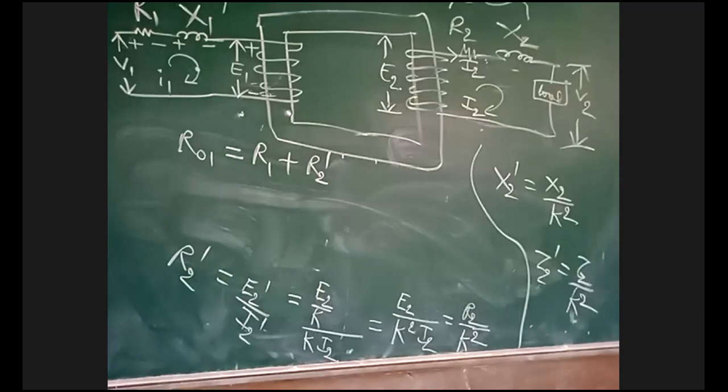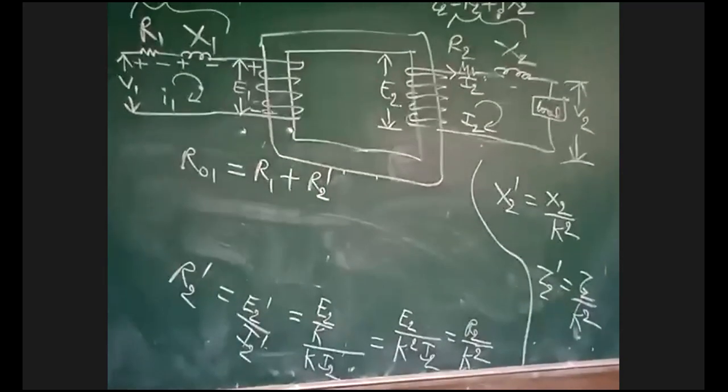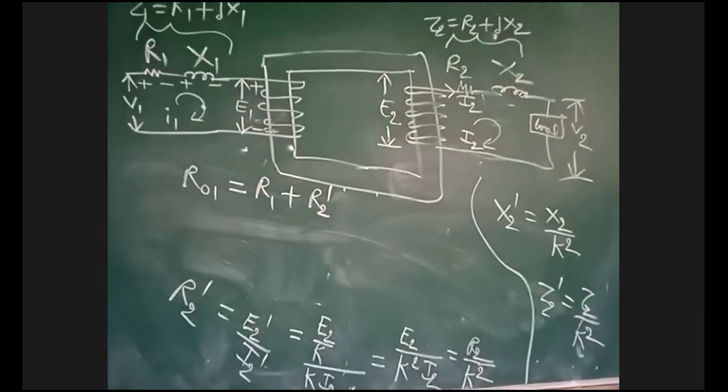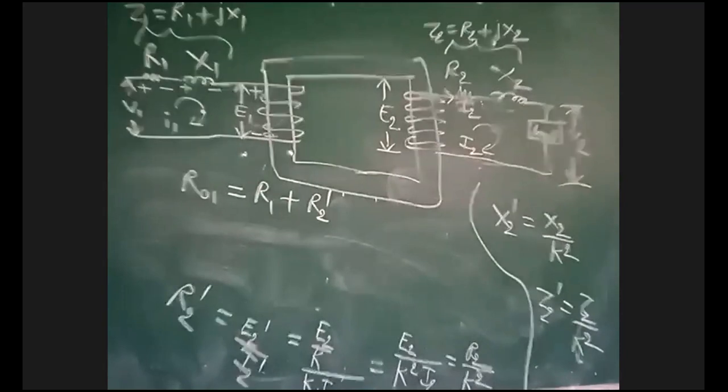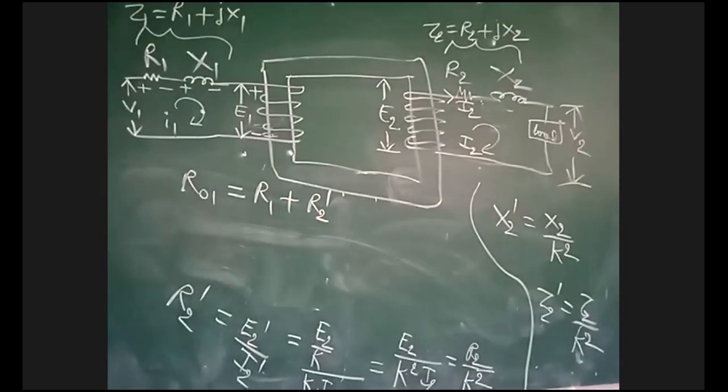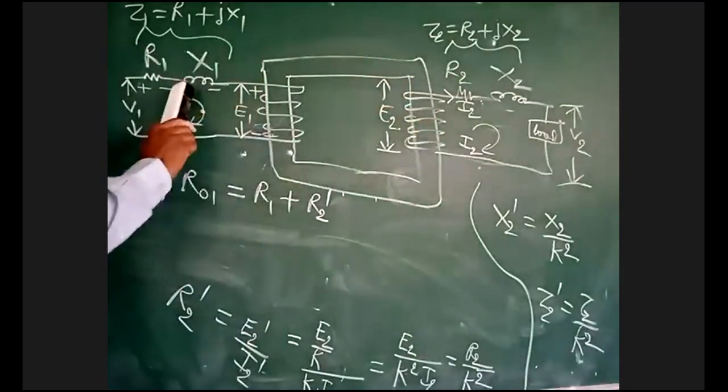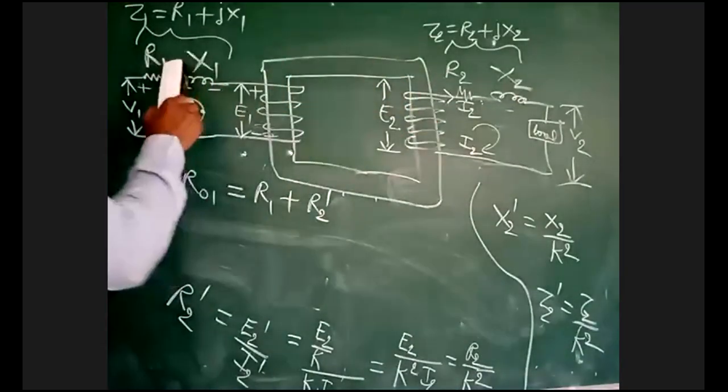Now see in the circuit diagram, we are having R1 and R2. R1 is in the primary winding. R2 is in the secondary winding. Now I don't want to represent two windings here. I don't want two resistances. I want to bring this R2 to the primary side.